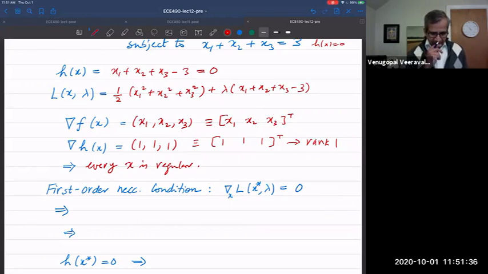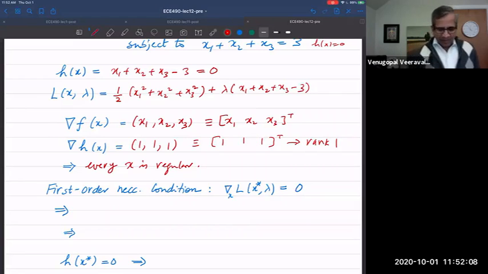You could have a situation where you have only one constraint, and the gradient can be non-regular for some values of x. For example, if the gradient of h were x1, x2, x3, then when the x vector is 0, I get the gradient being 0, and that's not a rank 1 vector, right?